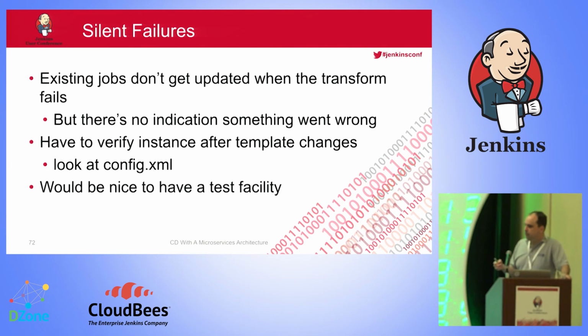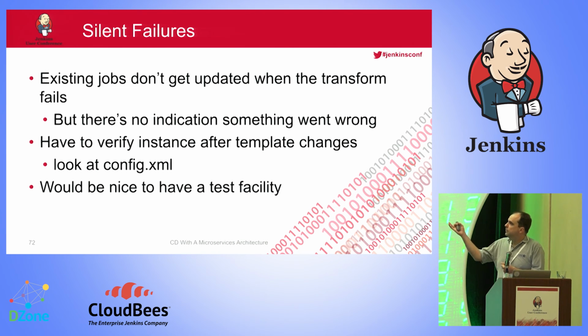But the most troubling, I guess, is that you can get silent failures. So existing jobs that you have created that are based on a template won't get updated if you make a change to the template that results in an invalid transformation.